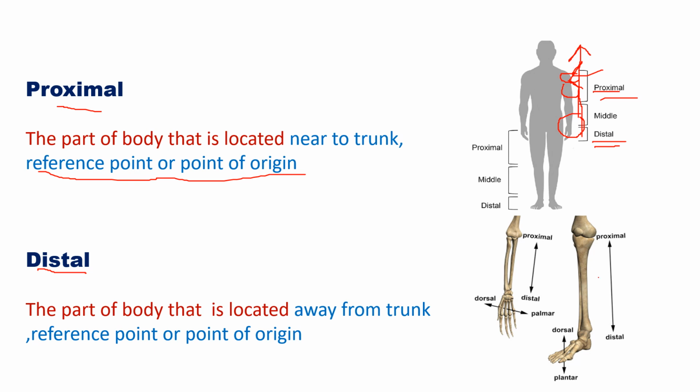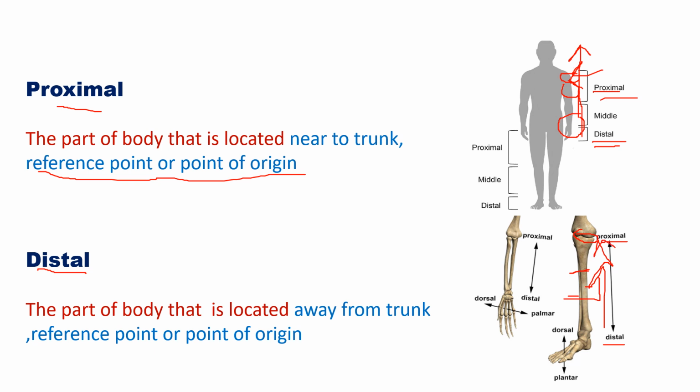Here is a structure of the lower leg that is made by tibia and fibula, which are basically bones of the lower leg. If we consider that it is the reference point or point of origin, then the upper part of the lower leg is proximal, that is near to that point, and the lower part is distal as it is away from that point.